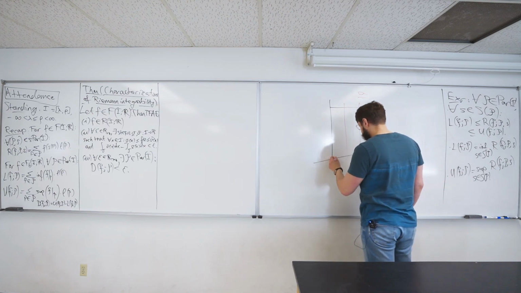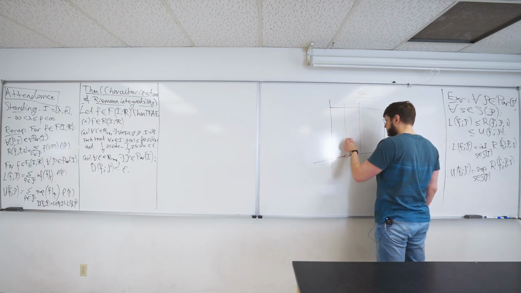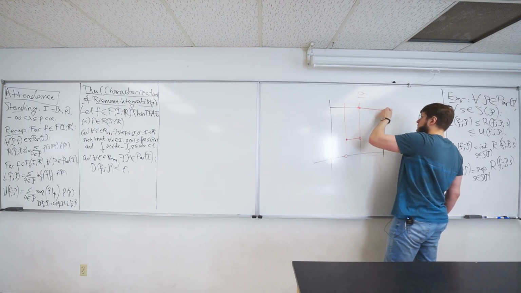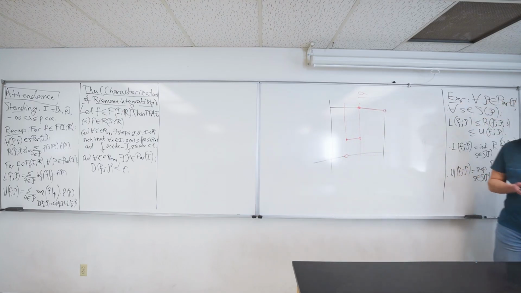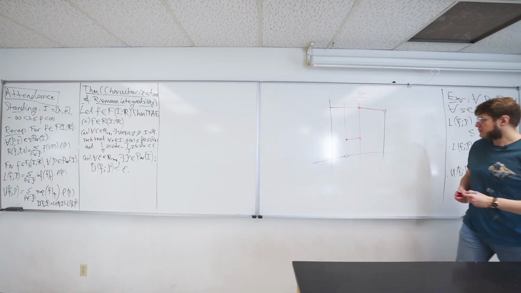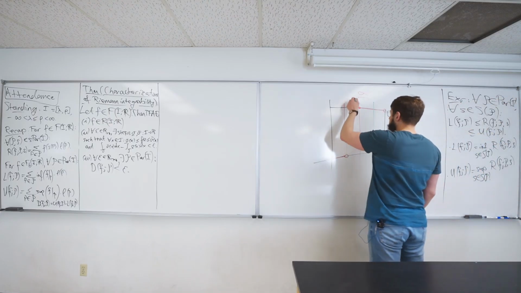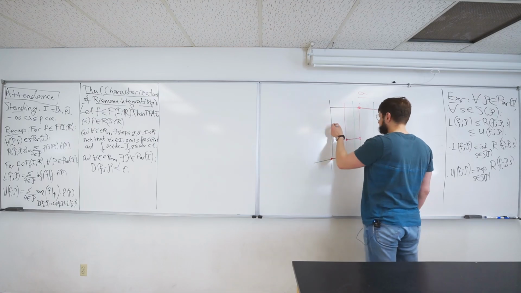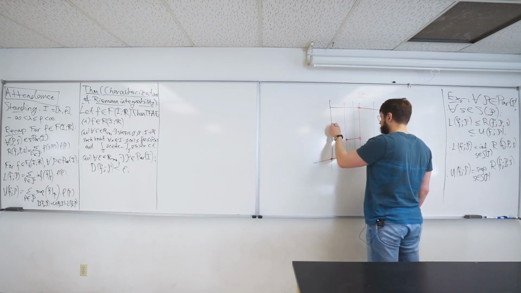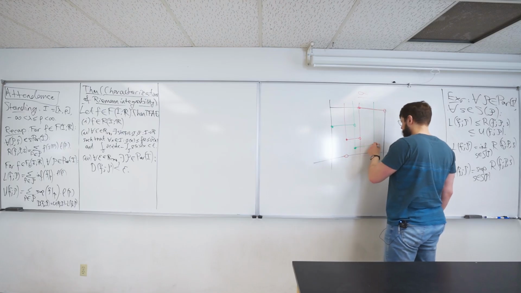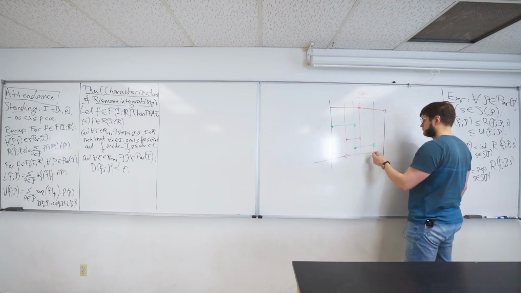And then like this, like this. And say sigma with an overline is something like this. Okay, then say 0.